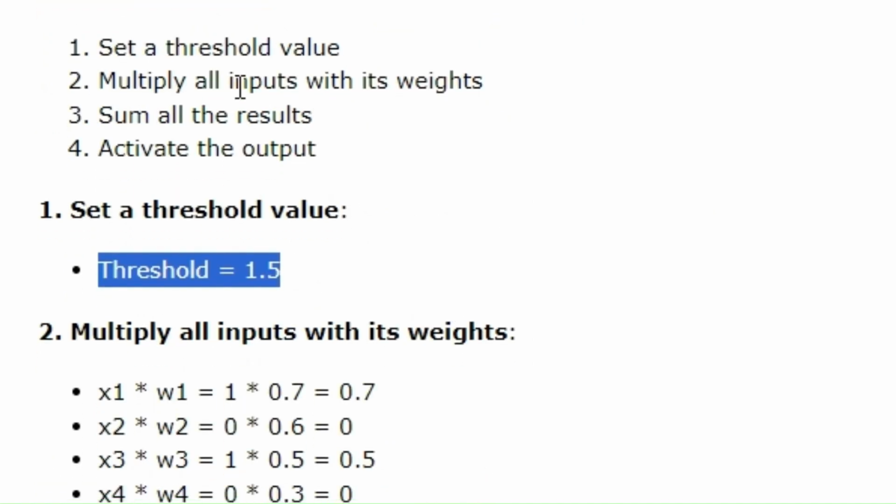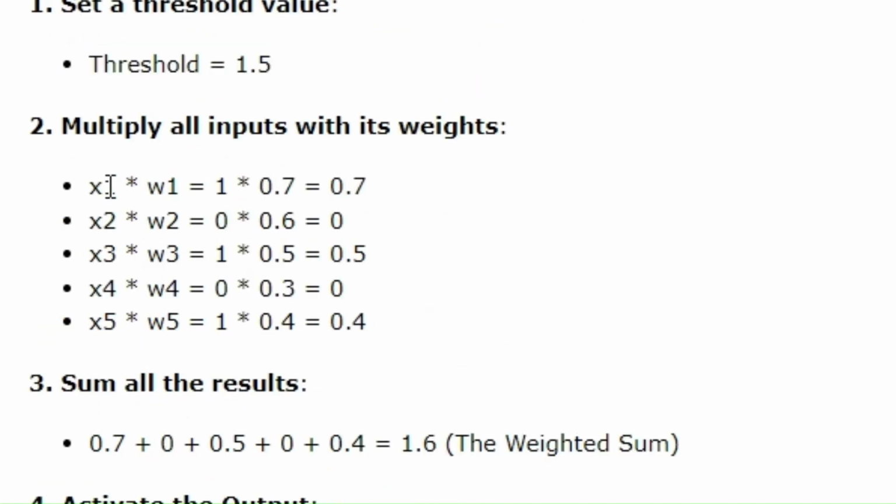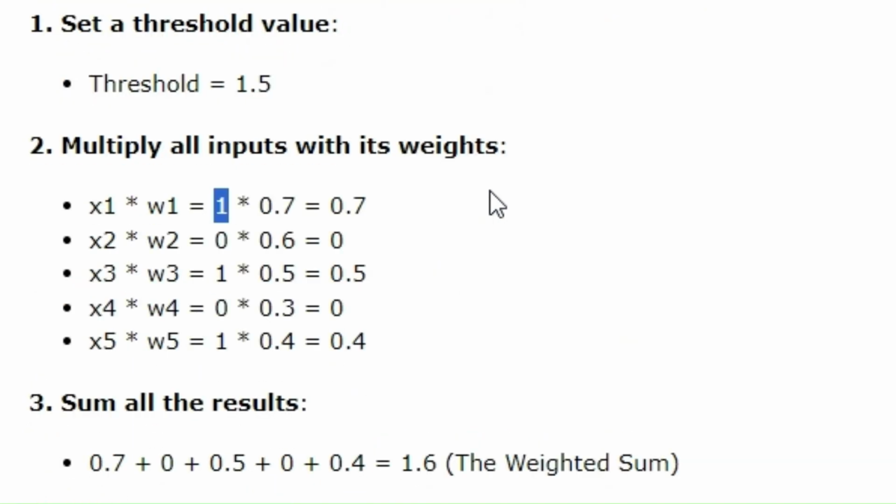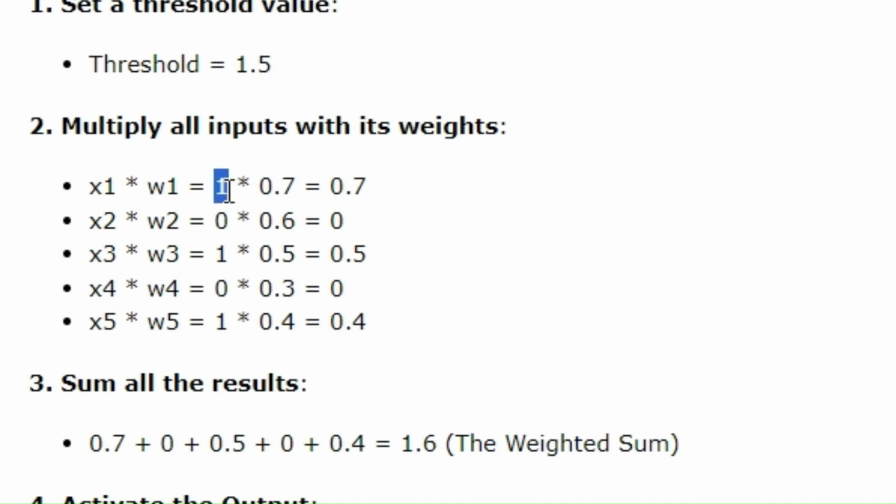Multiply all inputs with their weights, x1 into w1. So suppose the input is 1, that is, the artist is good, and the weightage of that input is 0.7. So 1 into 0.7 is 0.7.